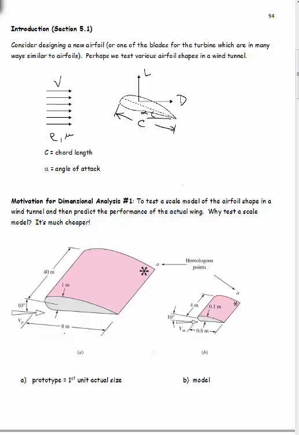So this one is an 8-meter wing, so it's scaled down to 0.8 meters, so this is a 1/10 scale. But it has to look exactly the same, just 1/10 scale. And we're going to have to run it at that same angle, see how it's 10 degrees, all angles have to be. So this is geometric similarity, when you have it all the same, just scaled down or up.